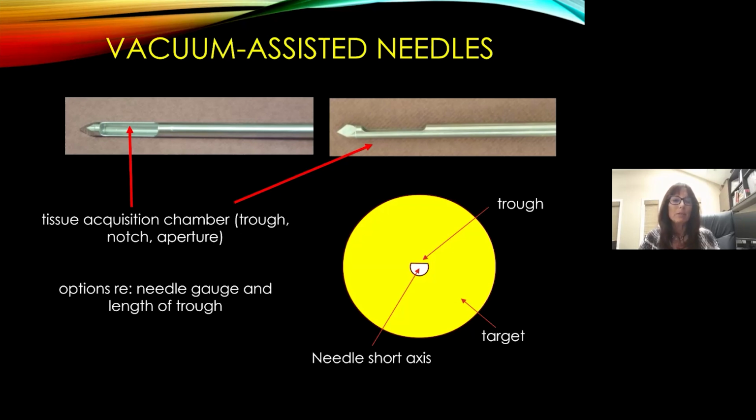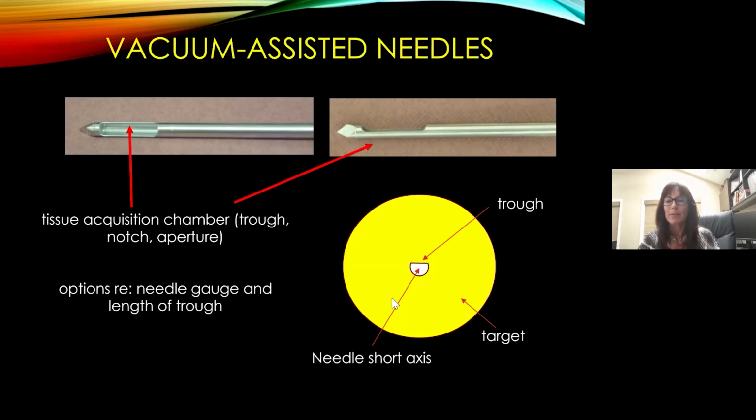There are options for length of that aperture, which I'll go over a little bit later, as well as gauge of the needle, or diameter of the needle. In short axis, you can see that the trough or the aperture is directional. It's not entirely over the circumference of the needle. It's facing one direction.